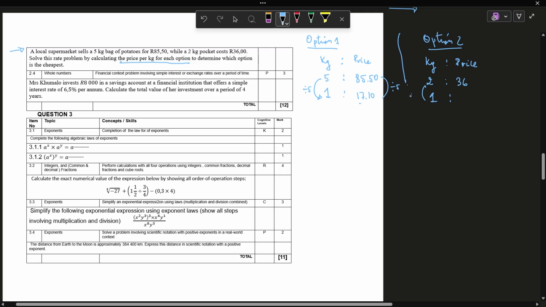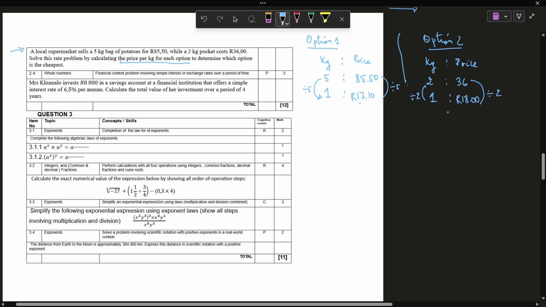Sorry, you divide this by 2, and whatever you do on the left, you should also do on the right. You divide by 2. So you get 18 there. I don't need to use a calculator. So here, this is the price, 17 rand and 10 cents, and this is the price, 18 rand.